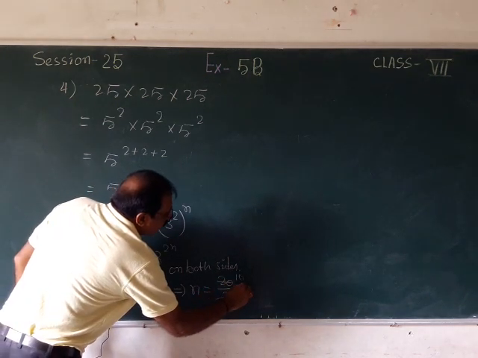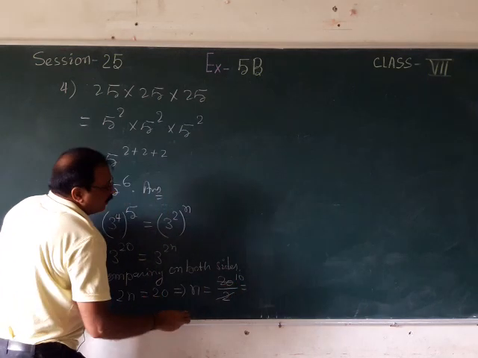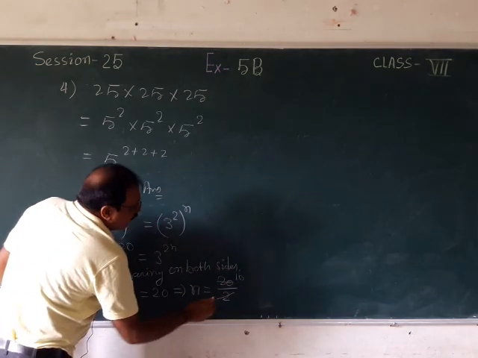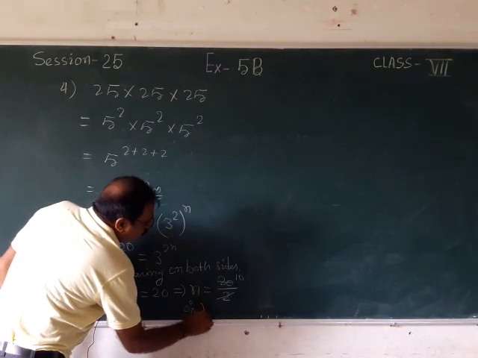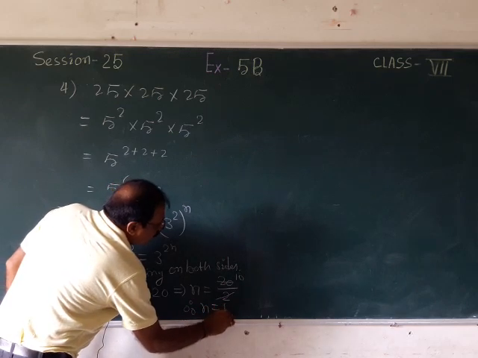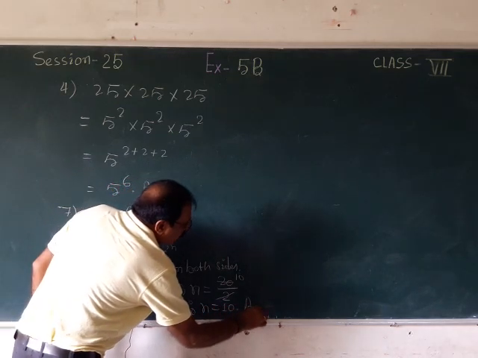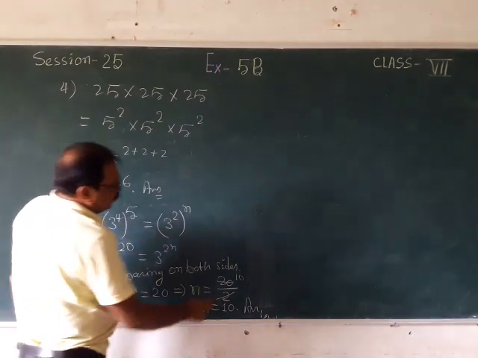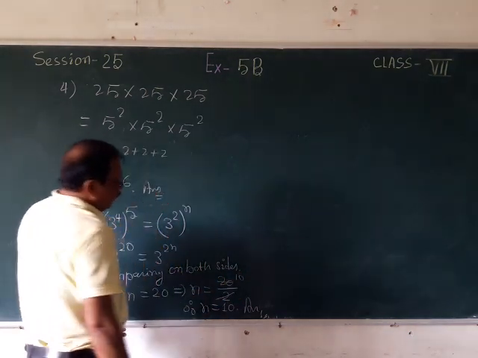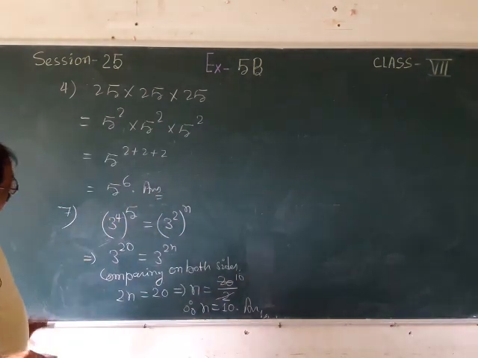You can cancel it, so its value is coming 10. So therefore you can write n equal to 10, and that is your answer. So like that you can do this question, n equal to 10.